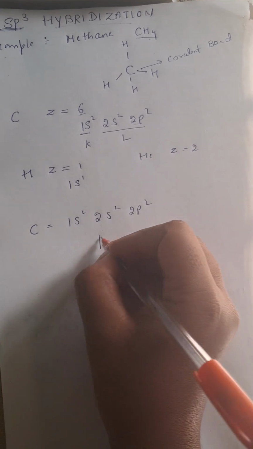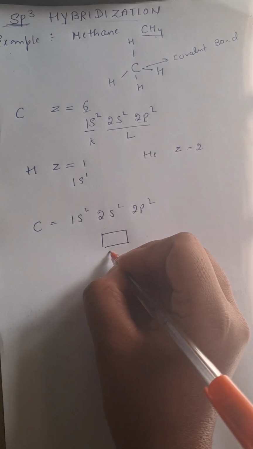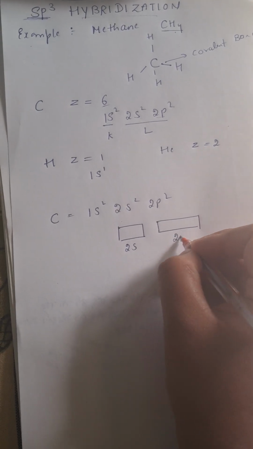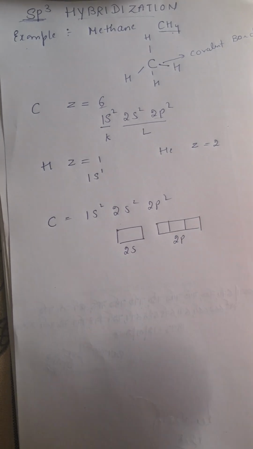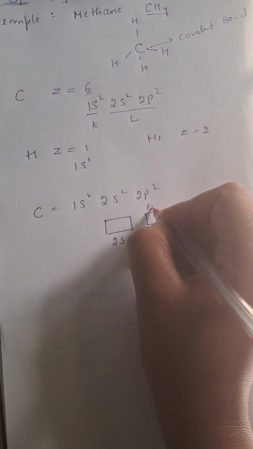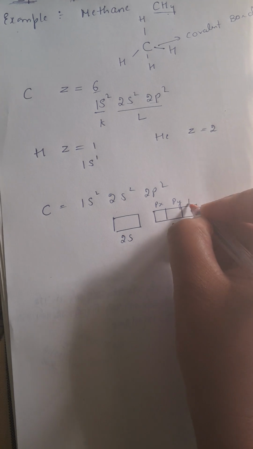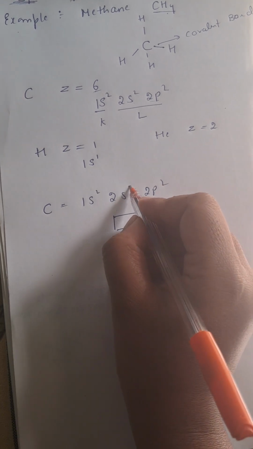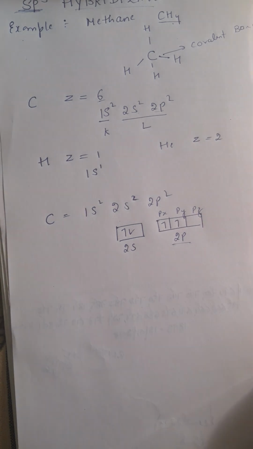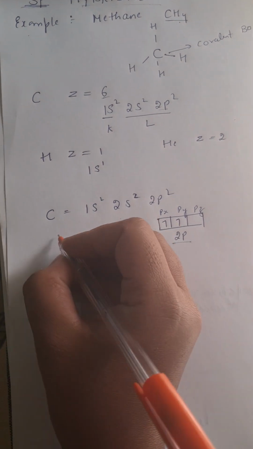In 2s and 2p, I'm showing the electrons distributed this way: we have the p orbitals px, py and pz, with 2 electrons in 2s and 2 electrons in 2p. Is that clear? But this is in the ground state.